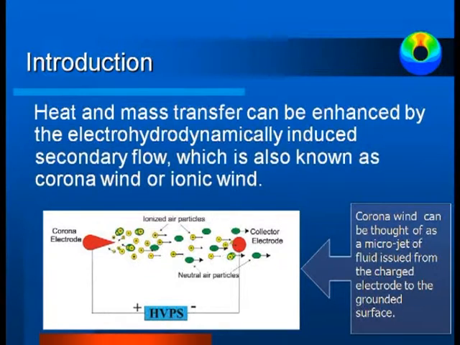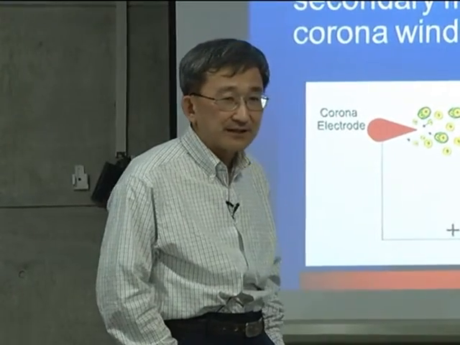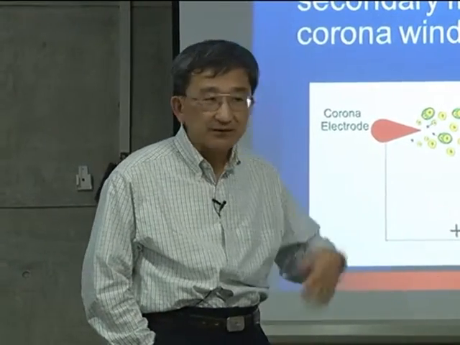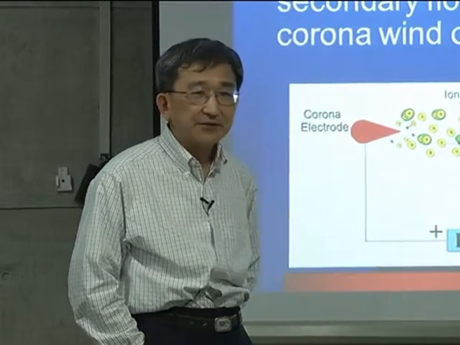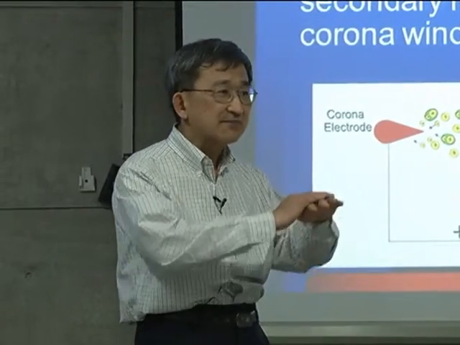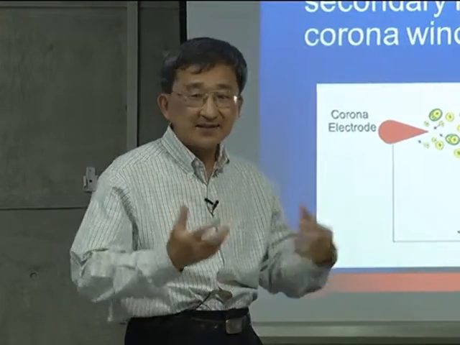I know that some of you are already familiar with corona, right? Corona is something you probably observe sometimes on a humid day before a storm. If you look at a transformer, sometimes you can see a glow over it, and that is corona.